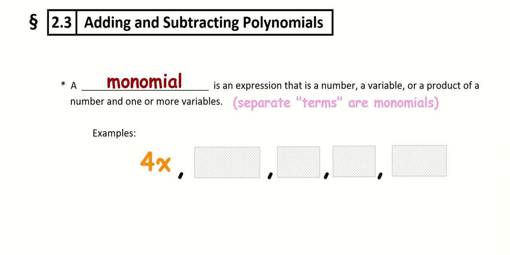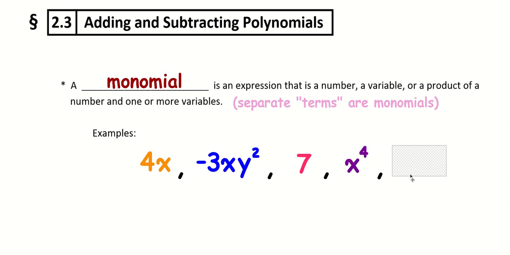Here are some examples. 4x, that's a polynomial, but more specifically, it's a monomial. It's one term of an expression. This is just one term, negative 3xy squared. 7, that's technically a monomial. X to the fourth, that's a monomial.